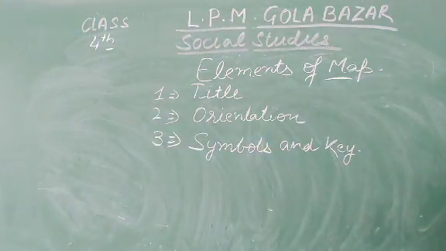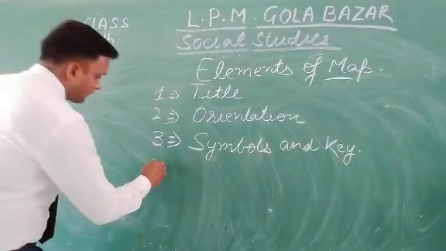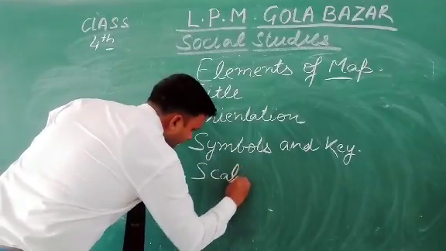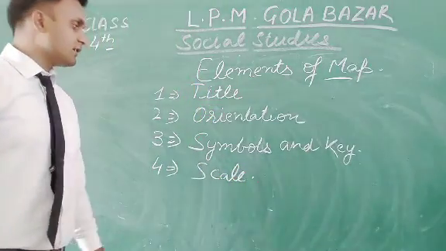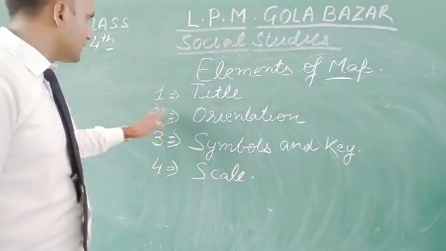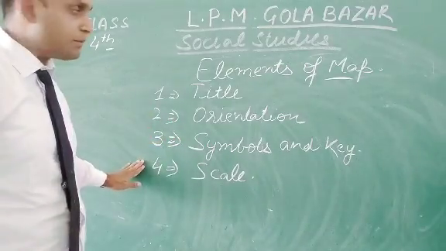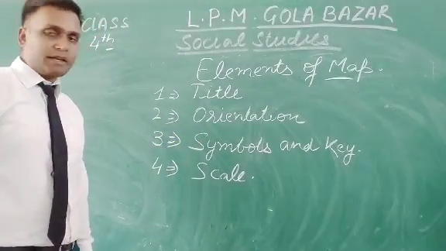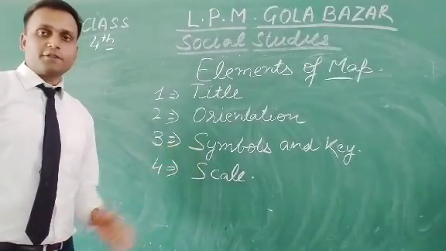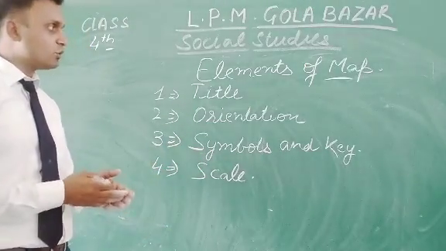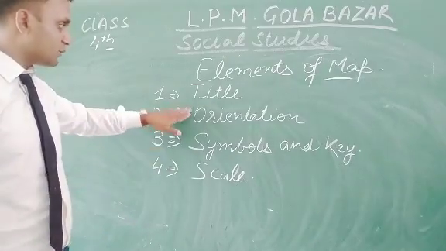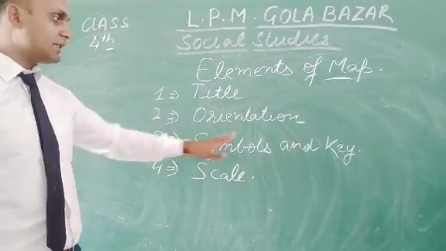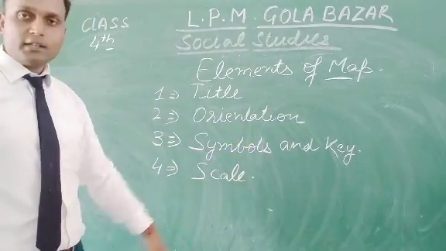And the fourth one is scale. So these are the four elements of a map by which we are able to describe a map, what type of map it is, and what different features are shown in it. First is title, second orientation, third symbols and key, fourth scale.